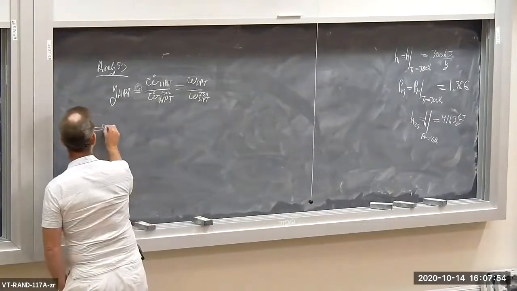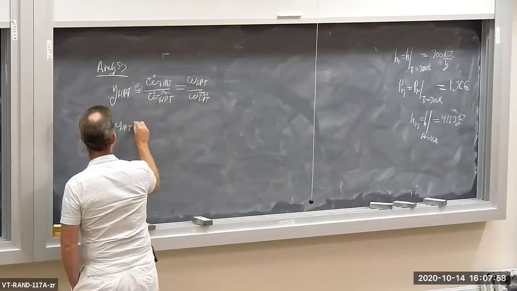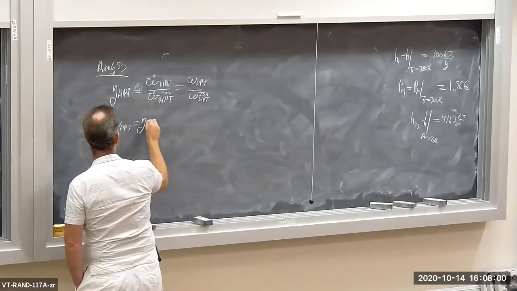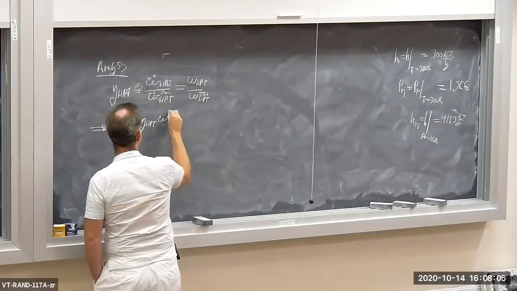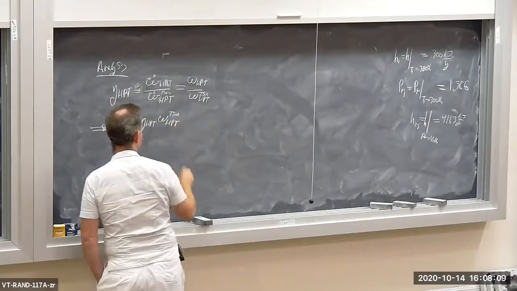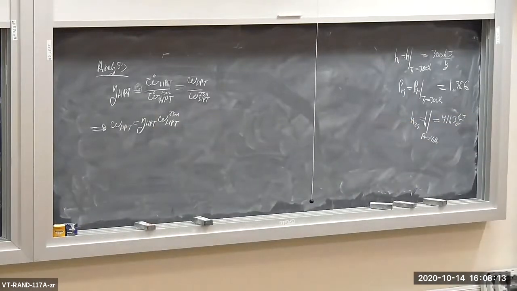So this implies WHPT equals the isentropic efficiency of the HPT times the specific work for the high pressure turbine operating isentropically.